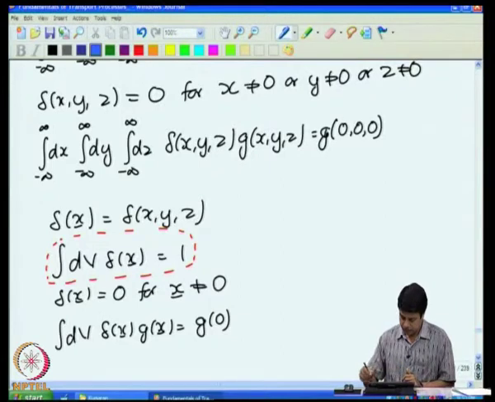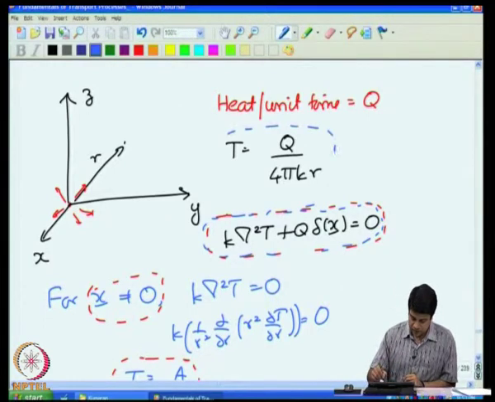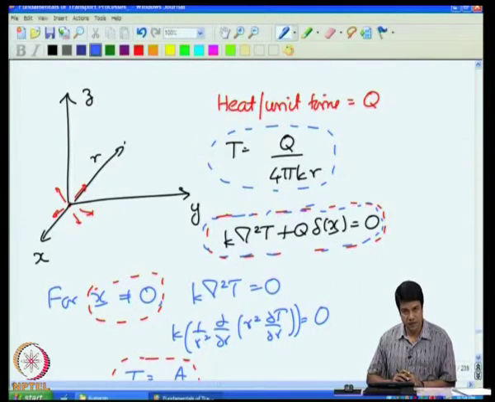Okay. And finally, we saw that the solution for the point source is a solution of the equation k del square T plus q times delta of x is equal to 0. So, if I have a source of the form of a delta function times q, note that the delta function has dimensions of 1 over volume. q is heat emitted per unit time.